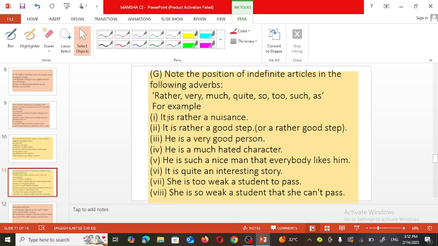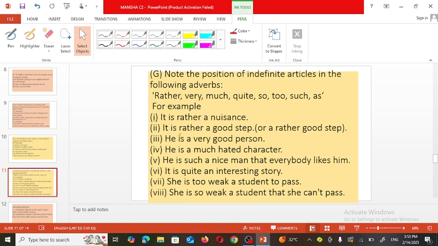First one, it is rather a nuisance. So here, after rather, before this nuisance, article a is used because it is not a specific one.